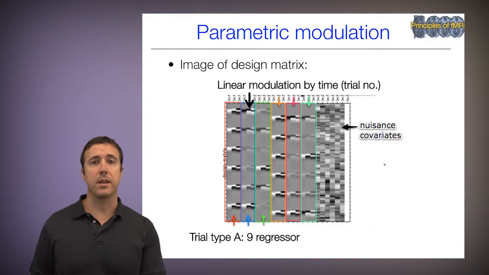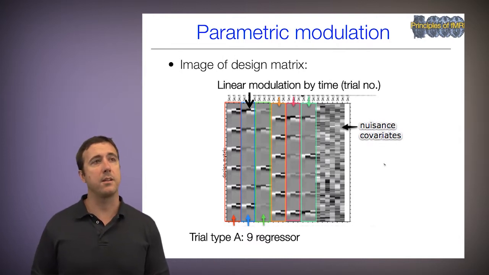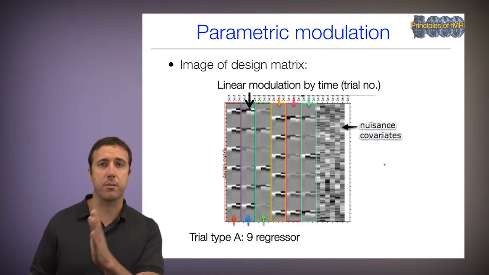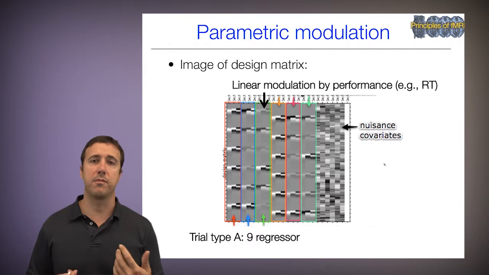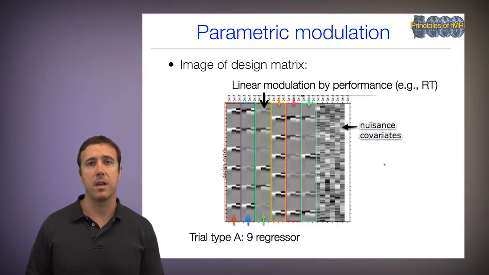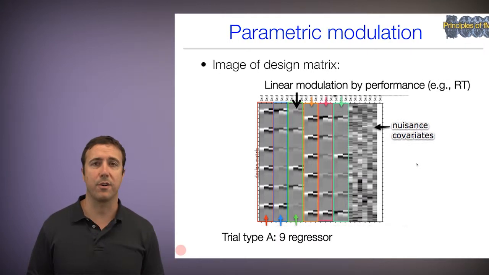The next 3 capture the linear modulation by time, the effect of time on the average activity or trial number, and you can see that there. We have to create a regressor for each of the 3 basis functions, and then the third 3 capture the linear modulation by performance, for example, reaction time, again with 1 modulator per basis function.